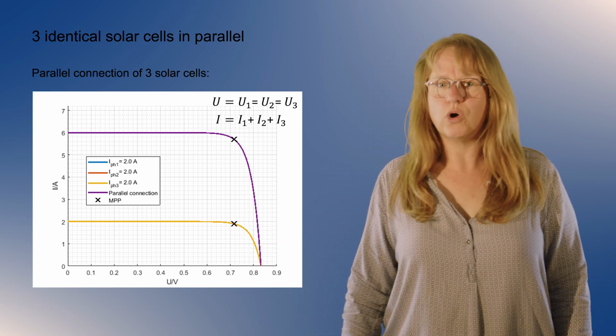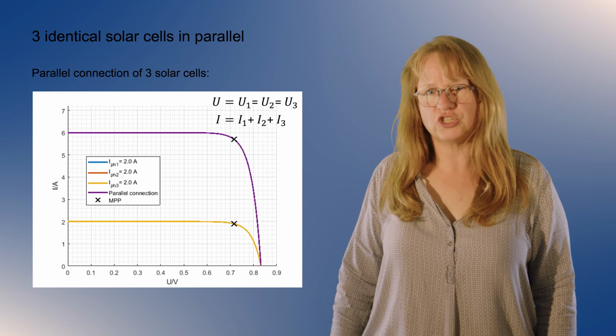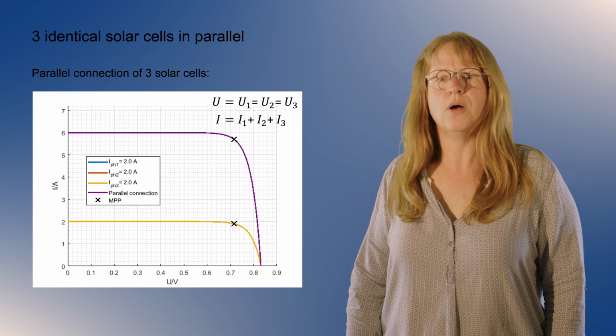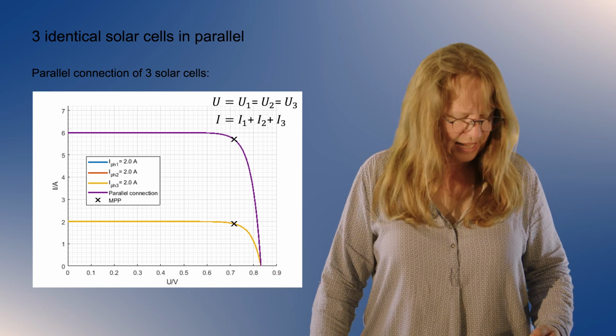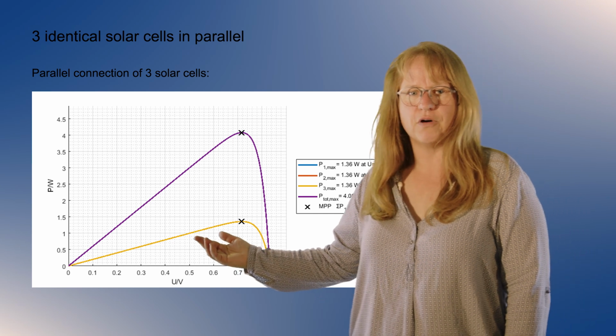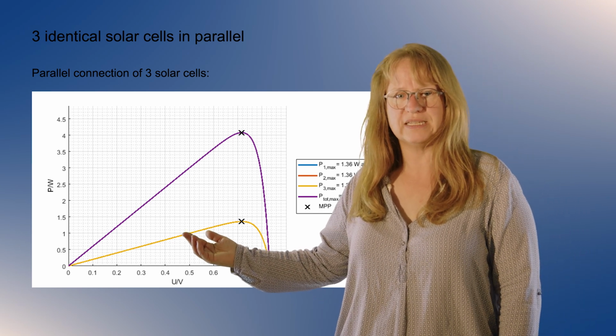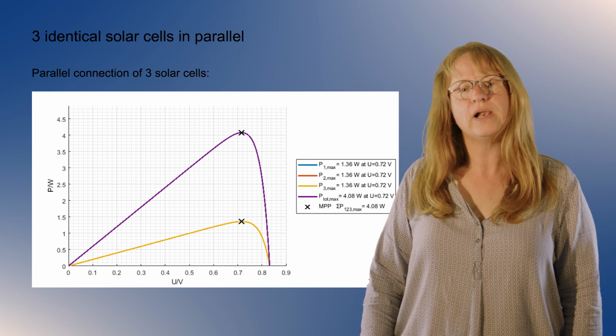Now, if we want to know what the power is of this parallel connection of three solar cells, we need to multiply the current by the voltage for each of the voltages, and then we obtain the graphic shown here. So again, for just one of the solar cells, we have the yellow curve, and all the three solar cells are equal here.